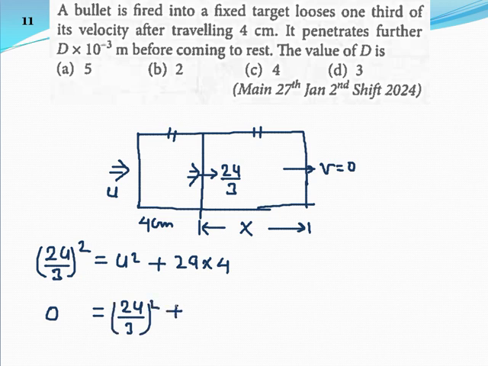They have not given in the question that the bullet suffers same retardation, but in this case we have to consider by itself 2ax.